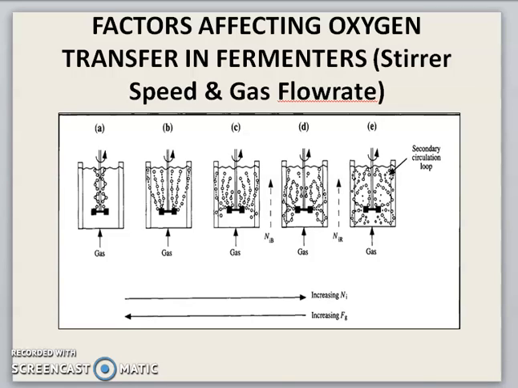You can read more on pages 203 and 204 in the Shuler and Kargi textbook. So this means that stir speed and gas flow rate, which is aeration, do affect oxygen transfer in the fermenter.